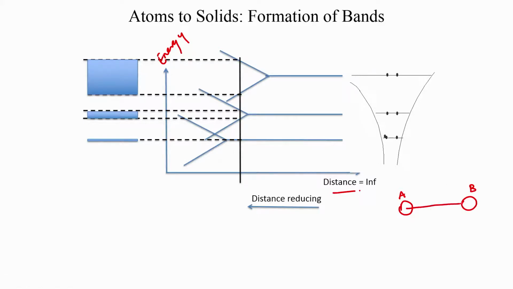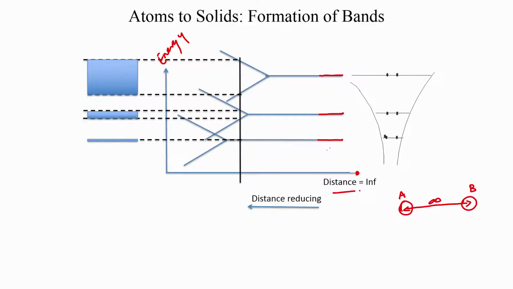Initially this distance is infinite, and we look at the energy levels occupied by these electrons. Since the atoms are infinitely apart, the energy levels are identical, and there is absolutely no splitting in the energy levels because the atoms do not feel each other.